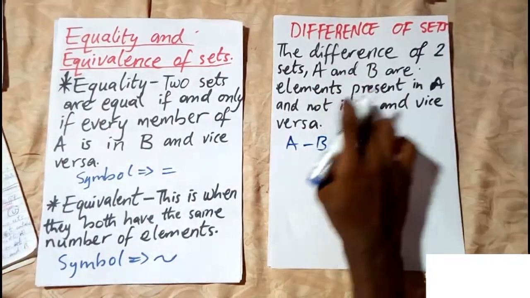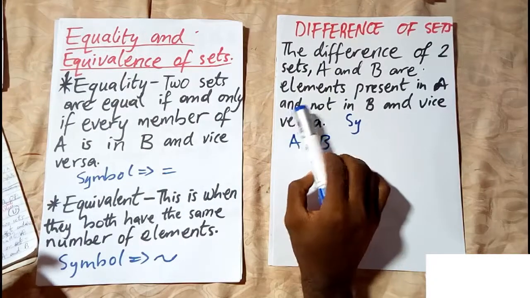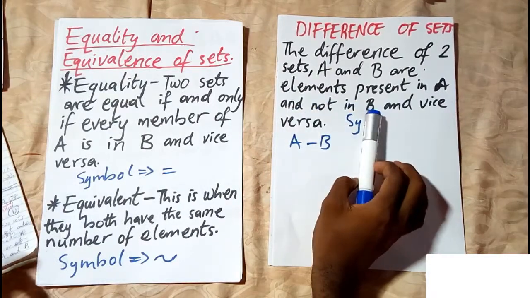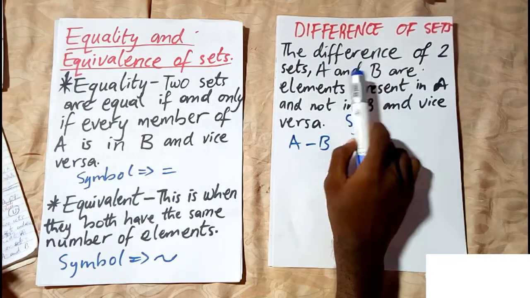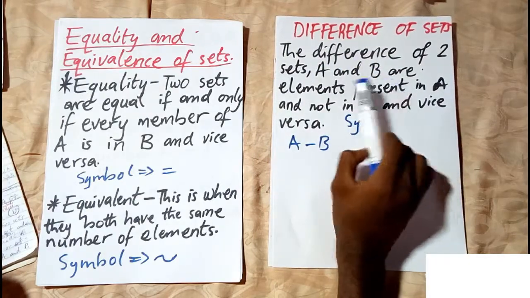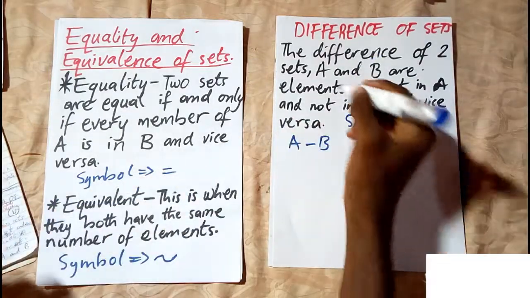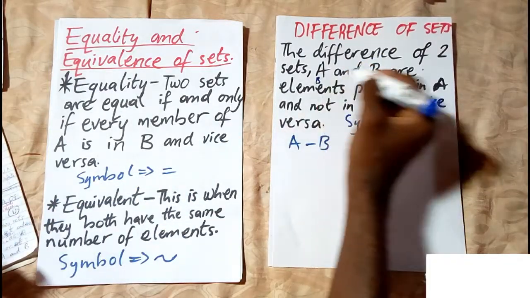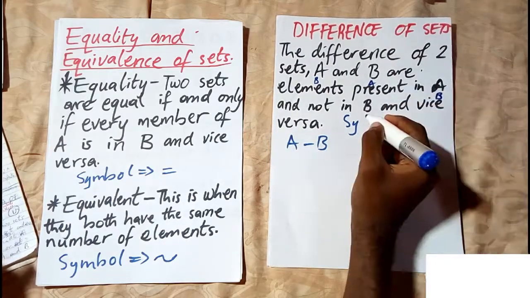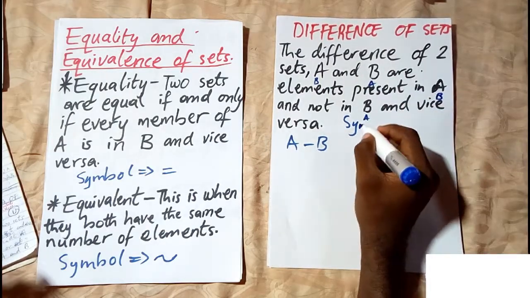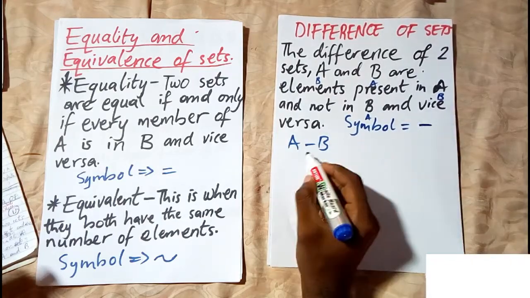The difference of sets A and B, that is A minus B, is the set of elements present in A and not in B. The difference of sets B and A is the set of elements present in B and not in A. Our symbol for difference is minus.